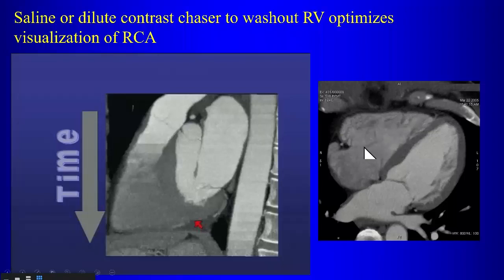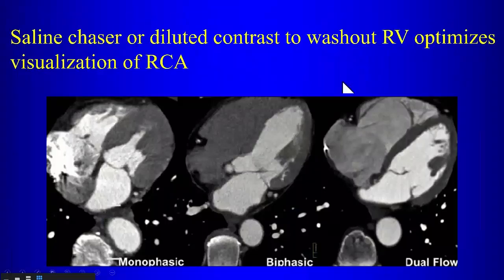And so that then eliminates all of the streaking artifact that you can get onto the right coronary artery if you just had undiluted dense contrast going into the right atrium. And so it makes it easier to visualize the right coronary artery. So here, when you don't use any kind of chaser, you get dense contrast in the right atrium. It can obscure the right coronary artery.